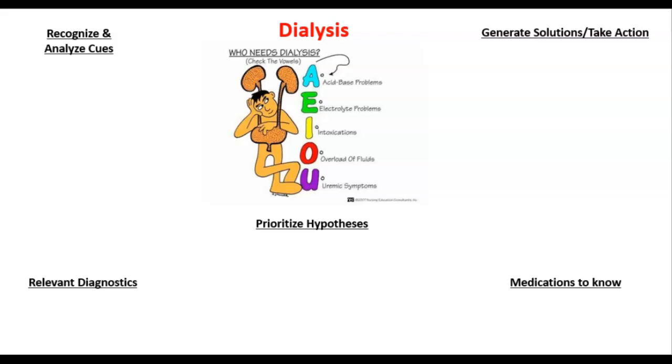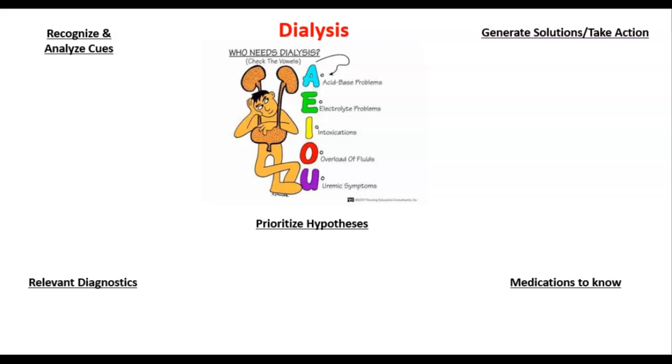So as a reminder, as we go through this lecture, we will be using next-gen thinking, including recognizing and analyzing cues, which is information in the past medical history, considering the patient and their values, analyzing more the clinical picture. Relevant diagnostics has a place here a little bit.